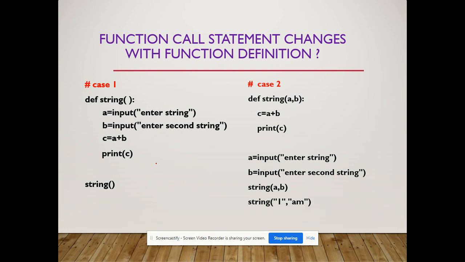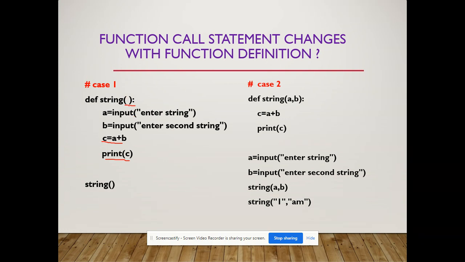In case 1, I have taken a function. What is the function? I have taken string. Are there any arguments in this function? No. So when there are no arguments applied to this function, we have to read a value. You are reading a first string, and then you are reading second string, and then c is equal to a plus b. Concatenation of two strings, and then c is printed, right? So this is said to be function definition.